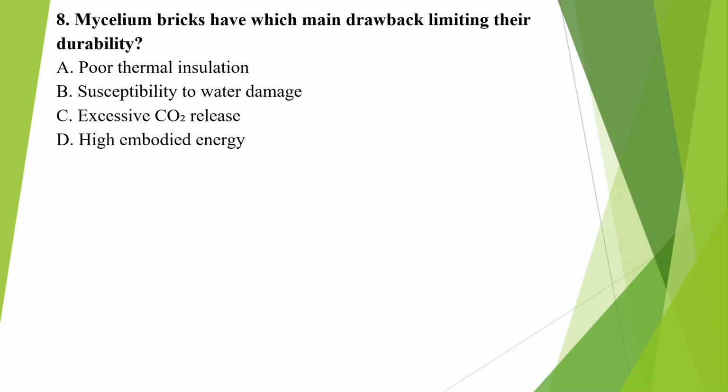Although they are strong, fire resistant, and carbon negative, they degrade when they come in contact with moisture. So option B was the correct answer, and all of you who answered it have answered it correctly. And others, I think, will now be able to understand and answer next time.